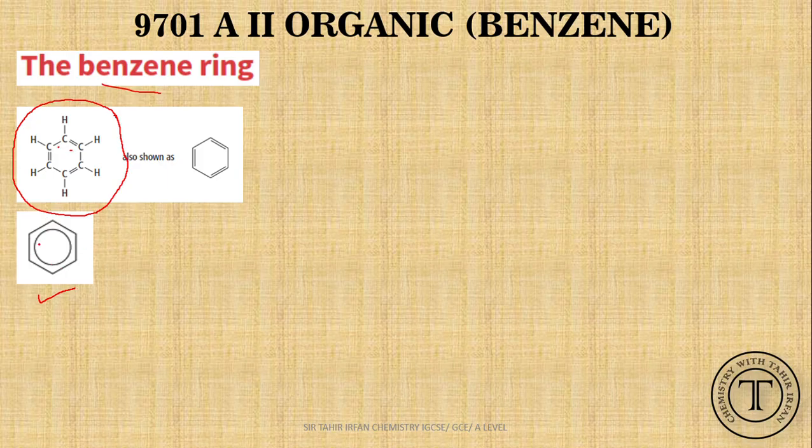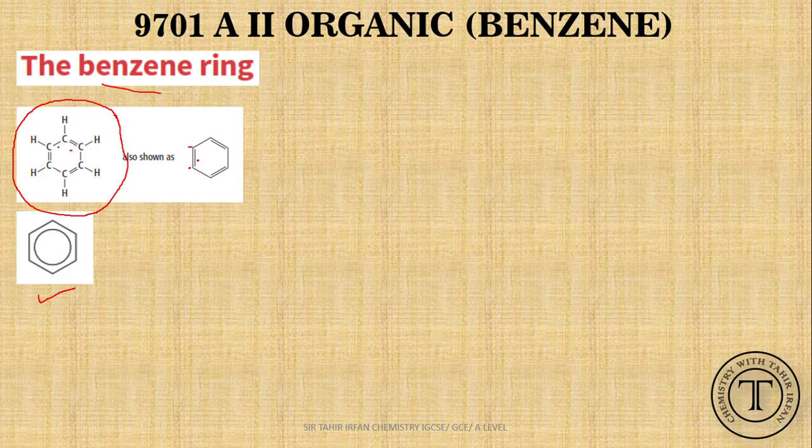There is no alternation of single or double covalent bonds. Rather, there is a hexagon and a circle inside it. So basically, the reason for putting a circle is that the position of the double bond is not fixed. It's not fixed that the double bond lies between these two carbons.